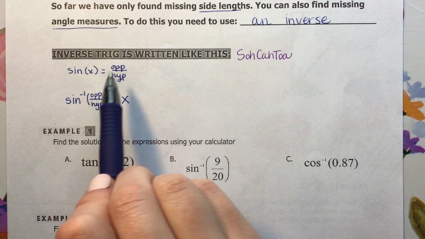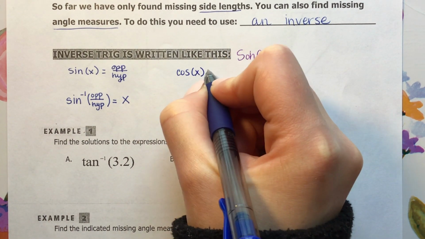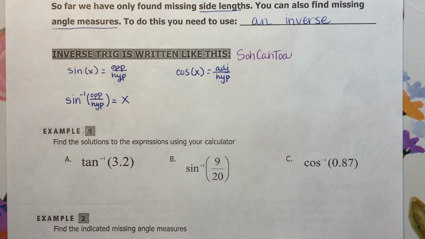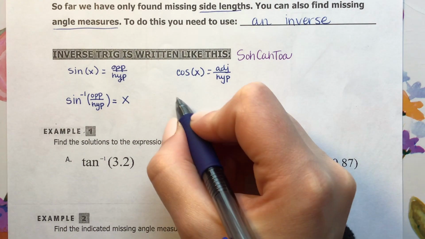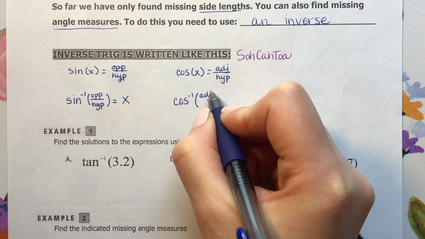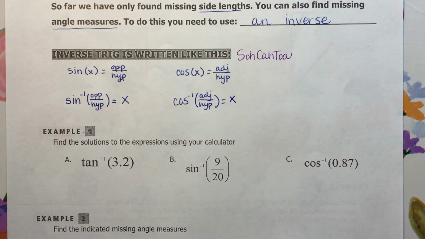Okay, let's do cosine. So we've got cosine of x is equal to the adjacent side over the hypotenuse side. If I want to take the inverse of that, then I'm going to say cosine -1 of adjacent over hypotenuse is equal to x.